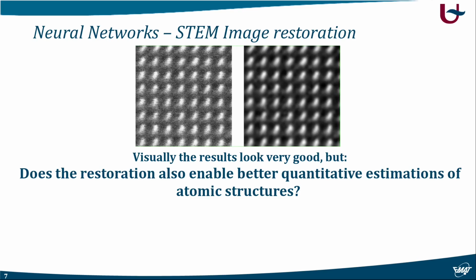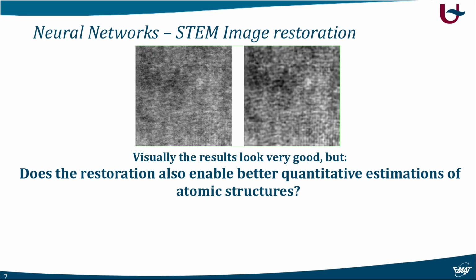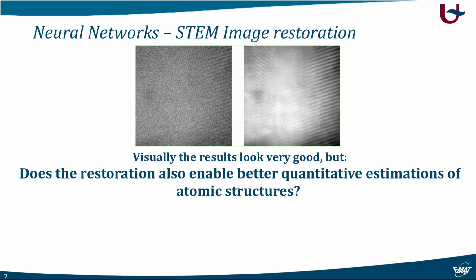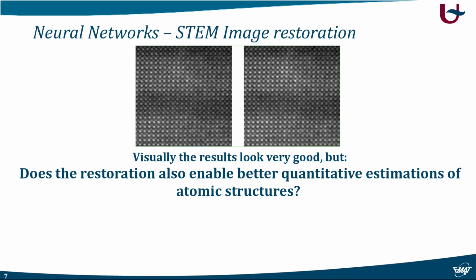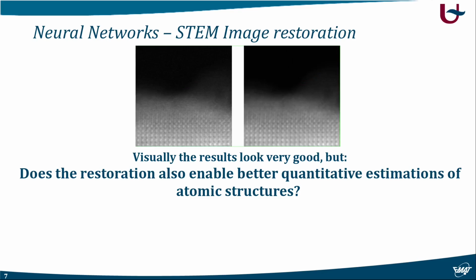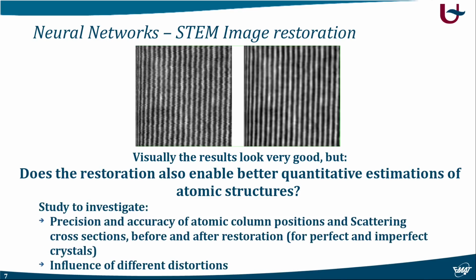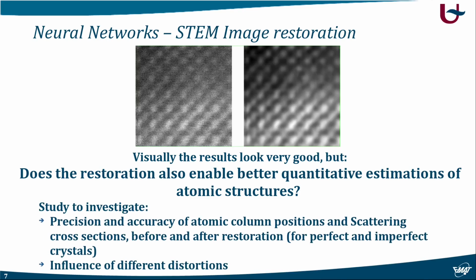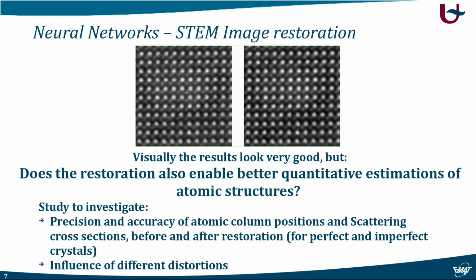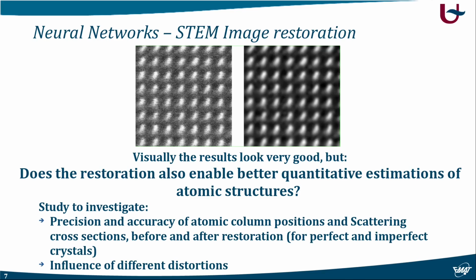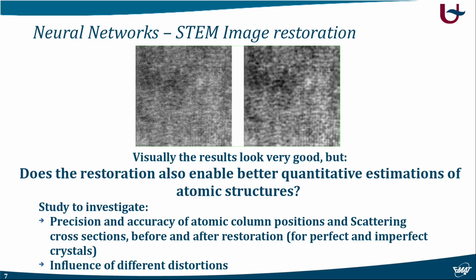But we're not only interested in having nice images, we also want to quantify atomic structures. To check whether that works out as well, we actually designed a study to check if we get an improvement also on the quantification of atomic column positions and their scattering cross-sections. And in this way, we can also check the influence different distortions have on these quantifications.